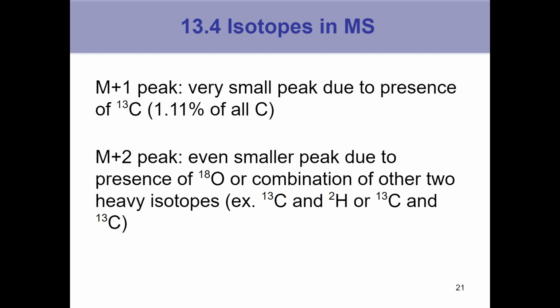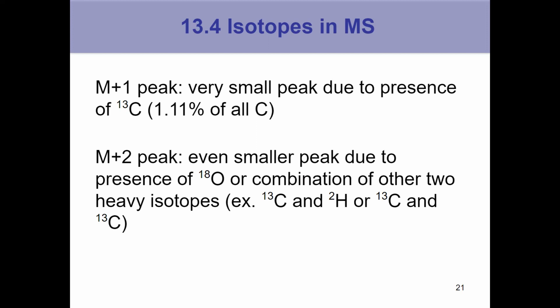We can even see an M+2 peak, which can give you a pretty valuable bit of information we'll talk about in just a second. If you see an M+2, it can be due to a couple of things. In organic molecules, it can be due to the presence of oxygen-18, which is a minor isotope of oxygen, or it could be a combination of two heavy isotopes that are +1 AMU each.